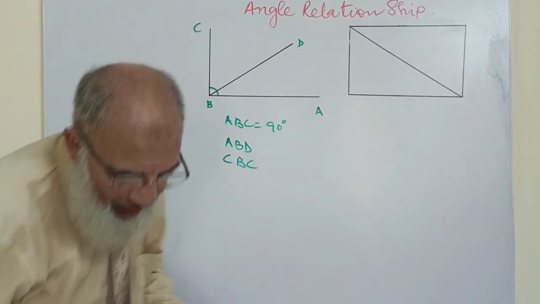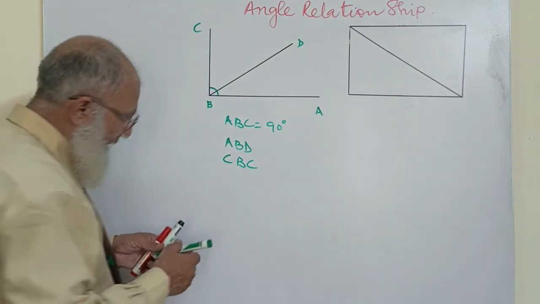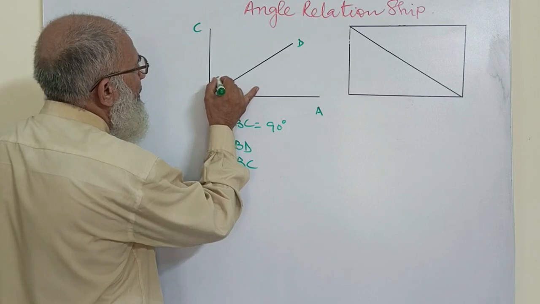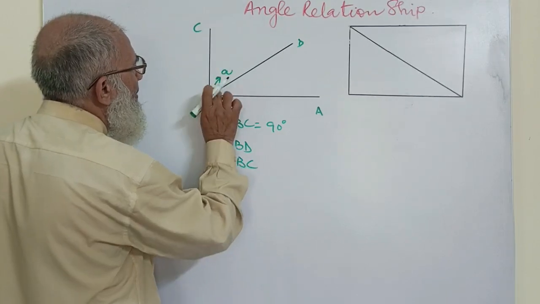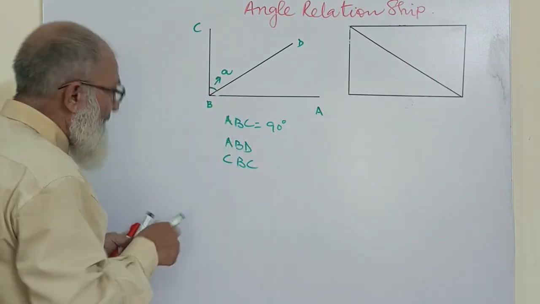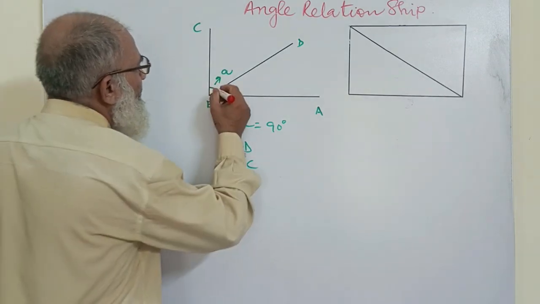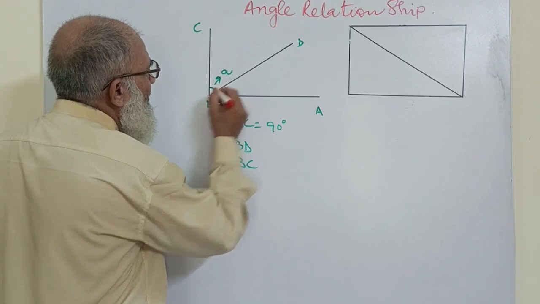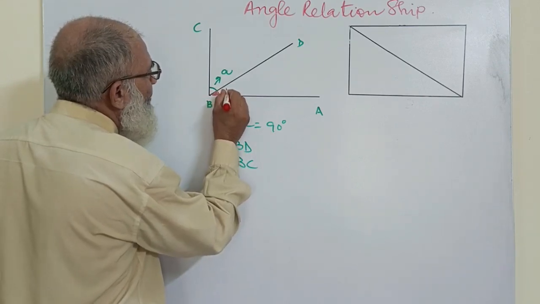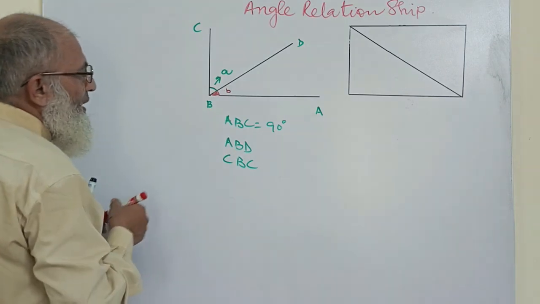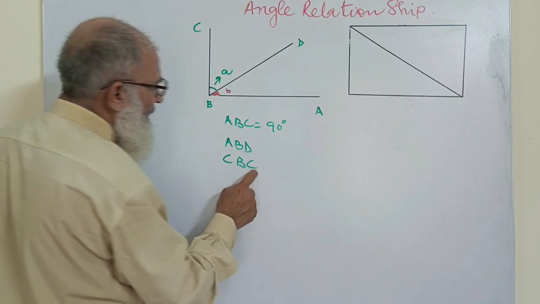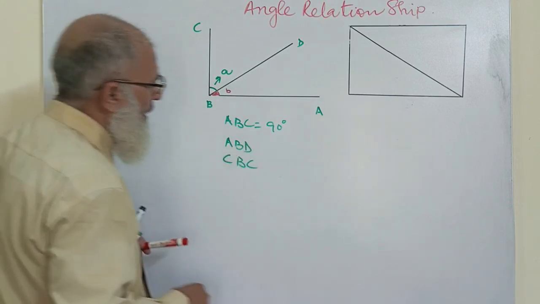Let me elaborate more: this is angle A, the green, and this is angle B, the red.